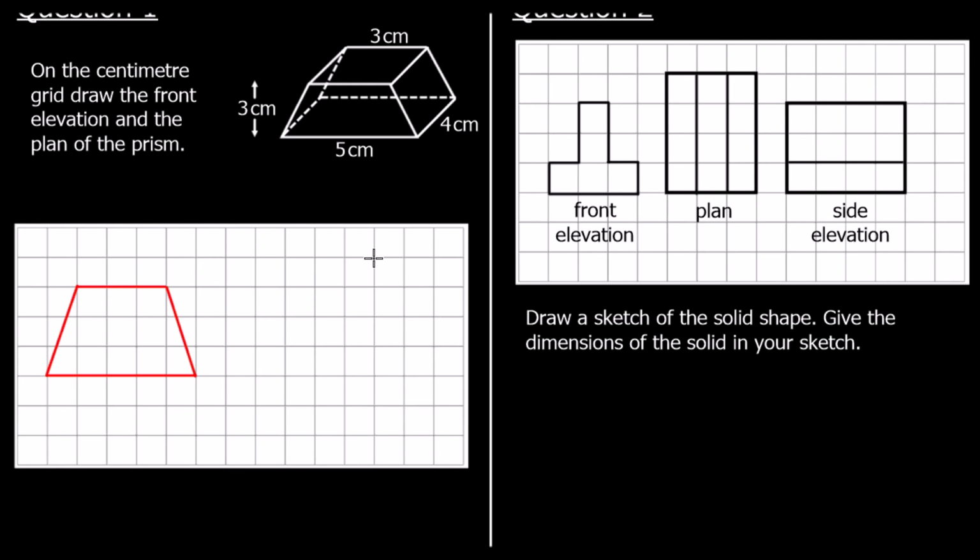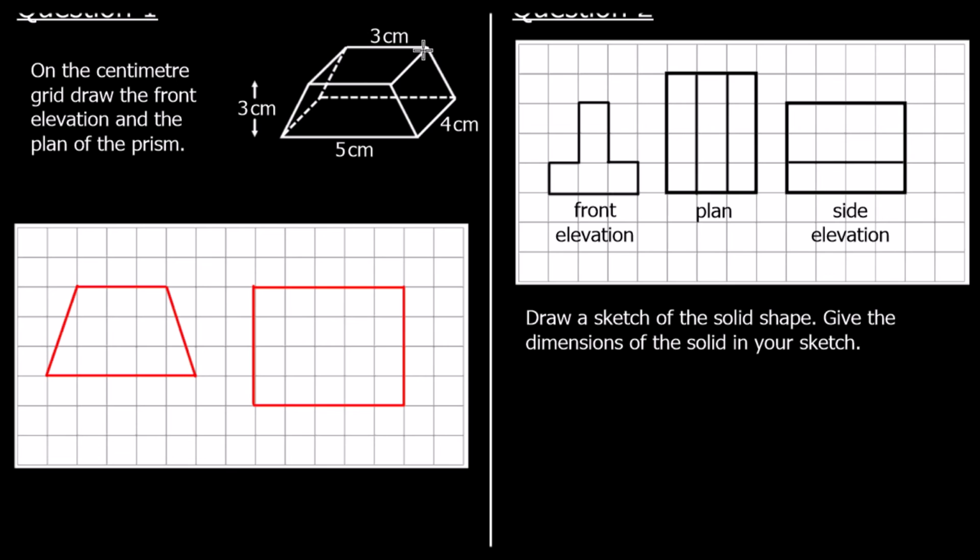How about the plan? So the top down view. We can see we've got 5 centimeters by 4 centimeters. Our shape is 5 by 4 in total. And we've got different heights.